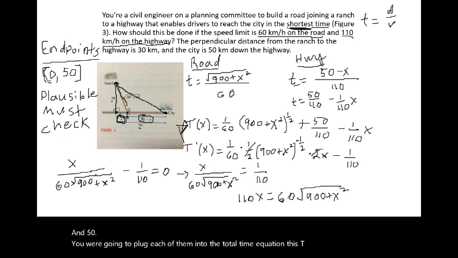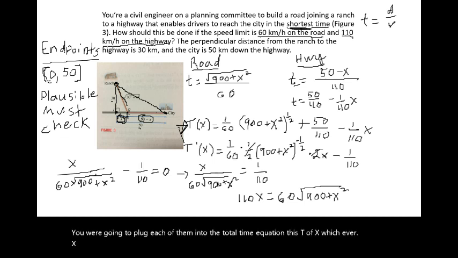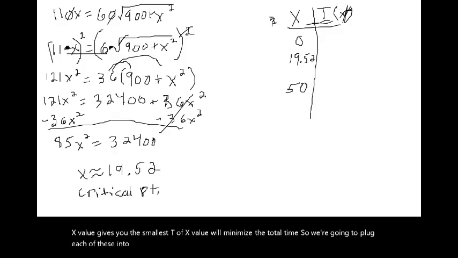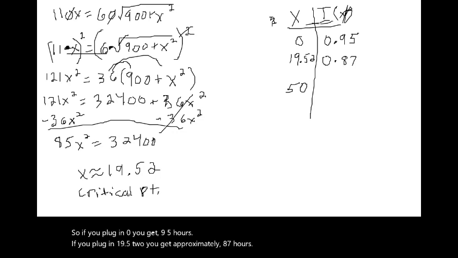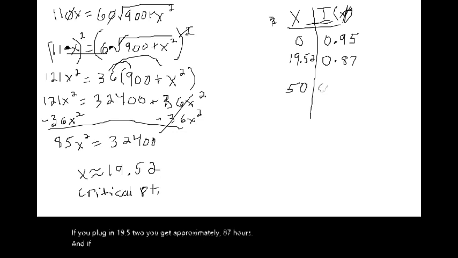Whichever x value gives you the smallest t of x value will minimize the total time. So if you plug in 0, you get 0.95 hours. If you plug in 19.52, you get approximately 0.87 hours. And if you plug in 50, you get 0.97 hours. So there's not a whole lot of difference between these, but that is the absolute minimum.